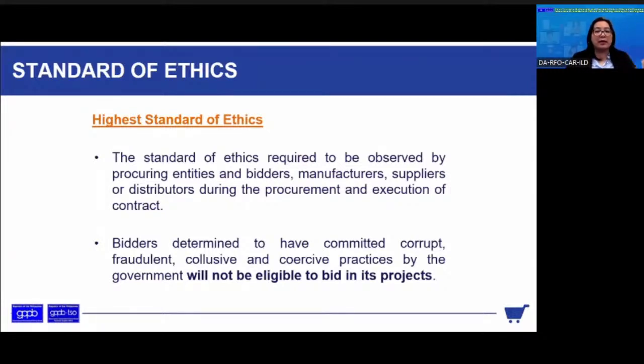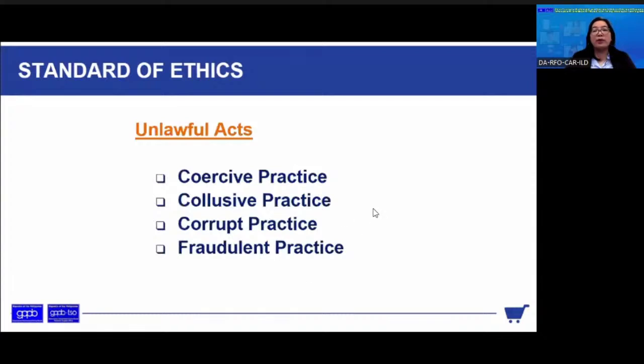In fact, these corrupt, fraudulent, collusive and coercive practices are determined unlawful, no? Not only under the procurement law, but other laws as well. So ano po ba yung coercive practices na ito, collusive practices and corrupt practices, and fraudulent practices, no?